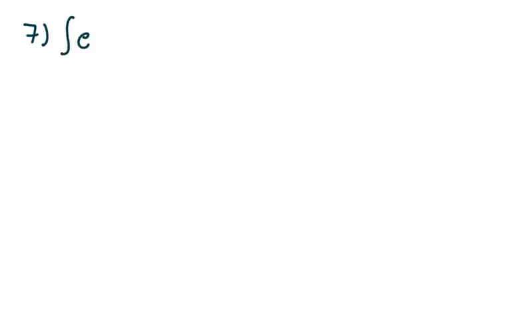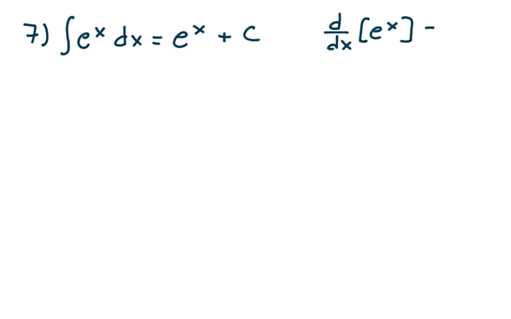The integral of e to the x dx is equal to e to the x plus c. Remember, the derivative of e to the x is e to the x. So the integral of e to the x dx is e to the x plus c.